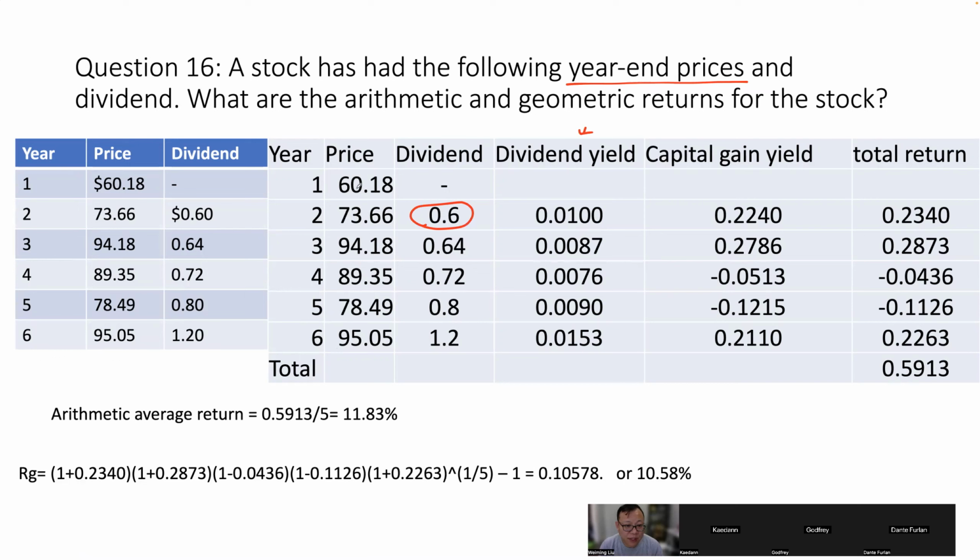So if the price is $60.18 for year one, that means this is the price at the end of year one, because it tells us this is the year-end price. If it's the year one year-end price, that will be the opening price for year two. So when you calculate the dividend yield, you always use your dividend divided by the opening price.